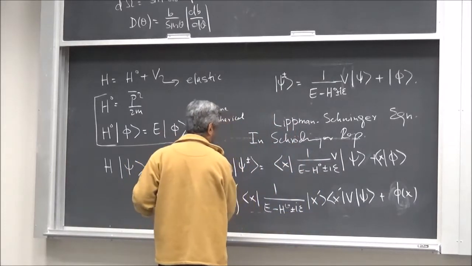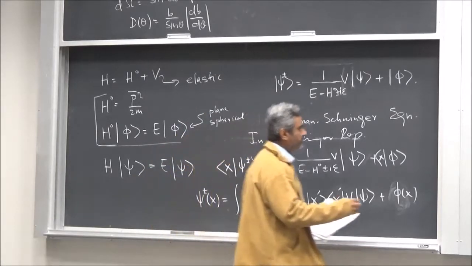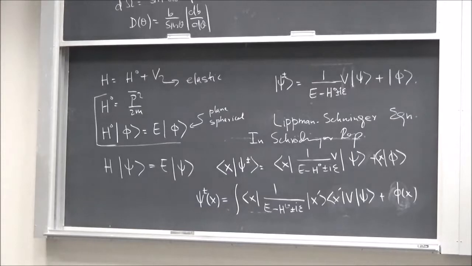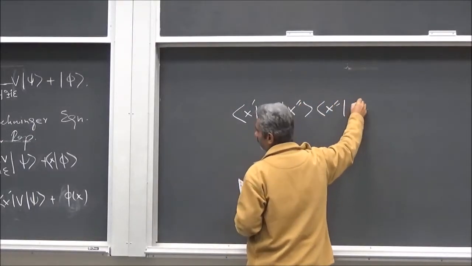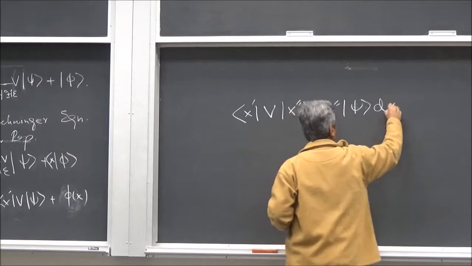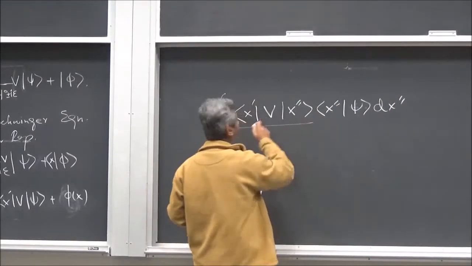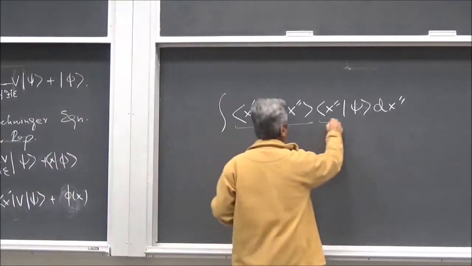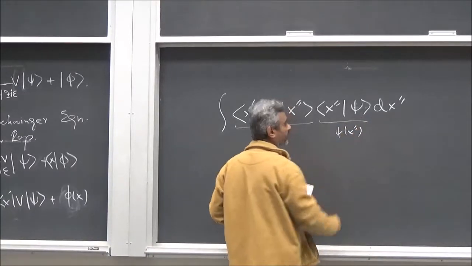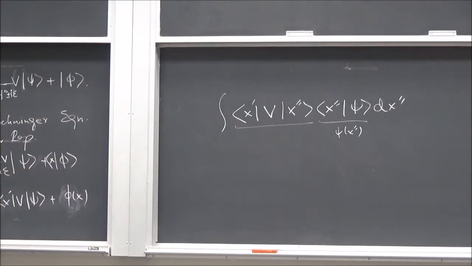Right. अगर आप इसको देखिए ना, x प्राइम V और यहाँ पर एक इंटीग्रल साइन कर लें और dx प्राइम ये कर लें, तो ये है मैट्रिक्स एलिमेंट्स ऑफ V, राइट? ये मैट्रिक्स एलिमेंट्स ऑफ V है और ये psi ऑफ x डबल प्राइम. ठीक है? सो इस चीज को आप फिलहाल ऐसे ही रहने दें, राइट?